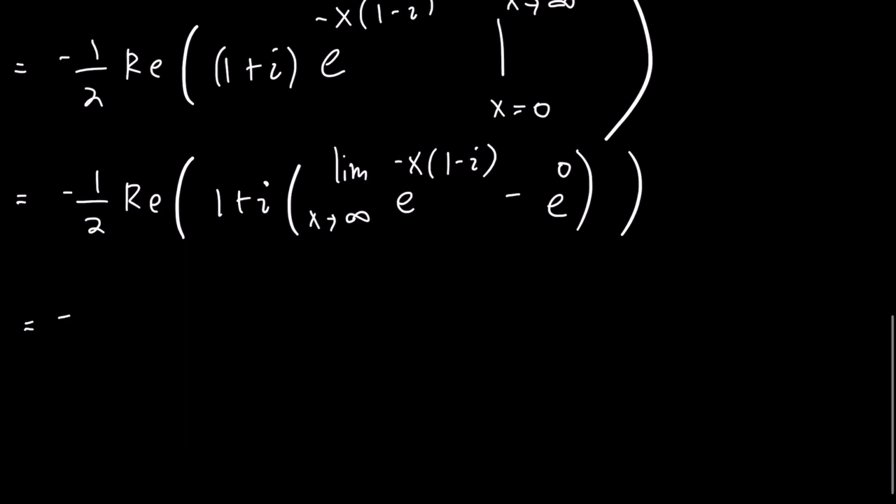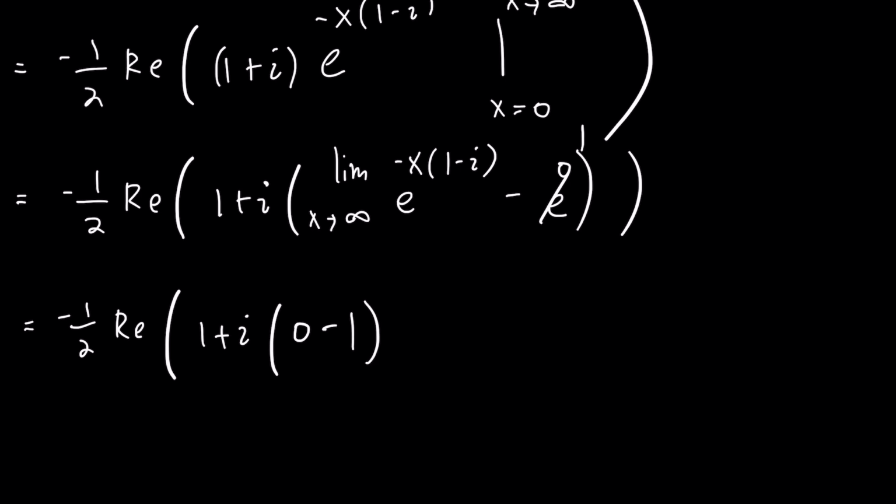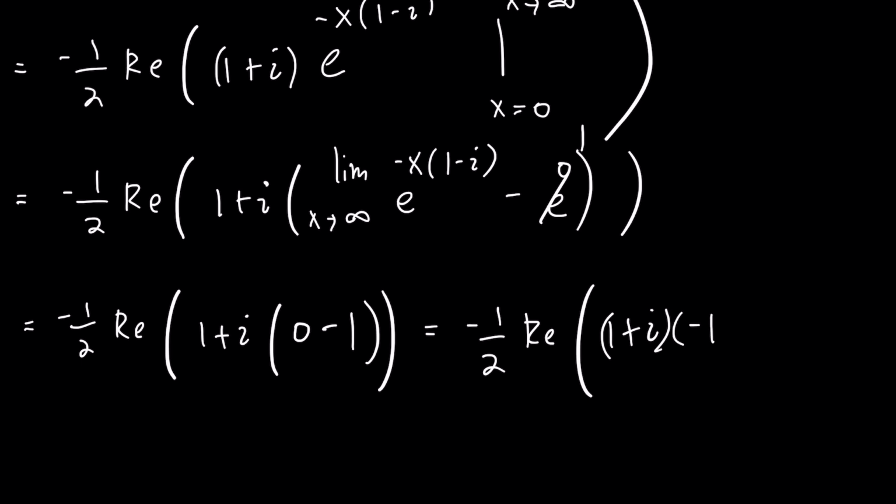So it's equal to negative 1/2, the real part of 1 plus i times, as x approaches infinity, this limit tends towards 0, and e to the 0 is 1, but negative. So it's equal to negative 1/2, the real part of 1 plus i times negative 1.